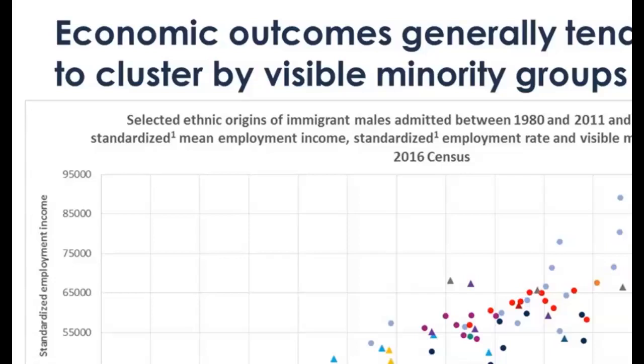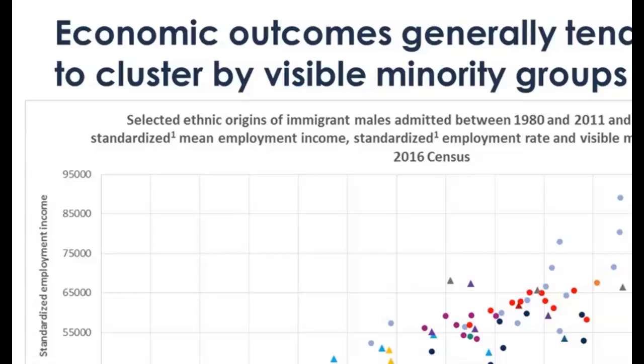From my perspective, when I look at that, I see that if we aggregate them all together and start talking about visible minority, we're probably missing some part of what is happening, some of the dynamic that is happening. And we're probably not focusing all the time on the most vulnerable groups.